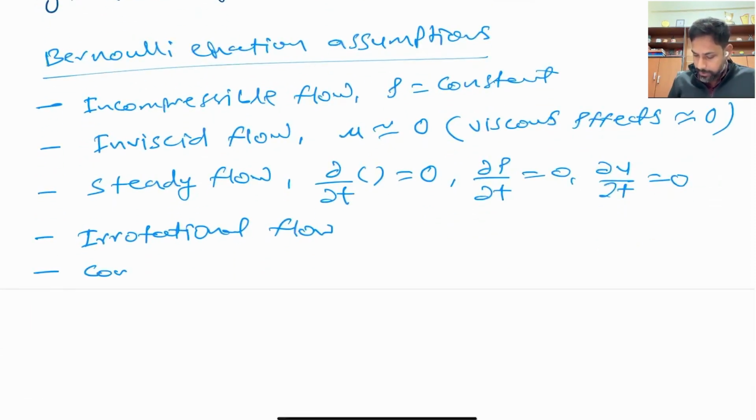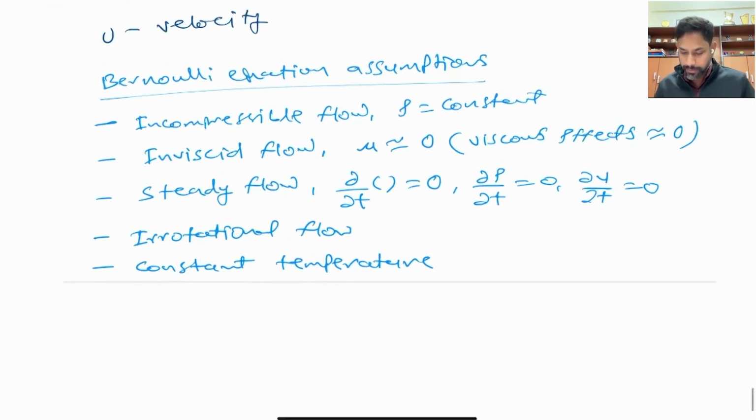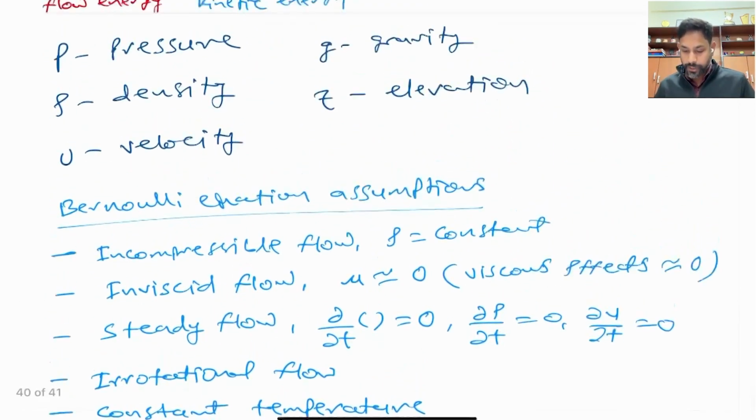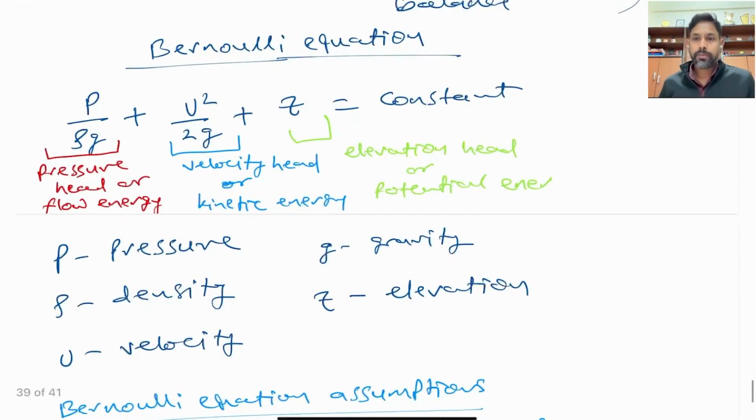And then we also assume constant temperature. Okay, so these are some of the conditions under which this form of Bernoulli equation is conserved.